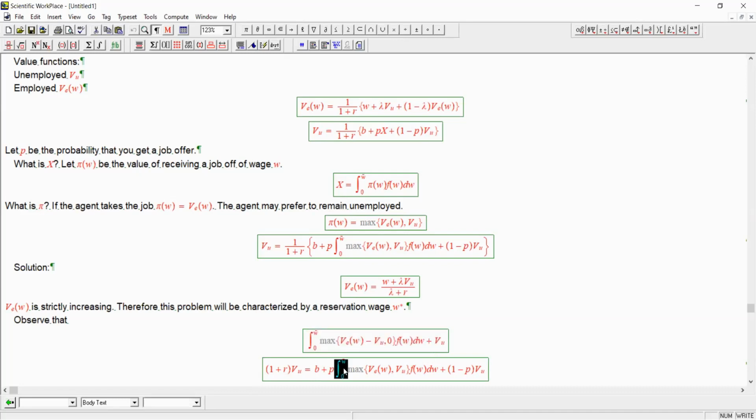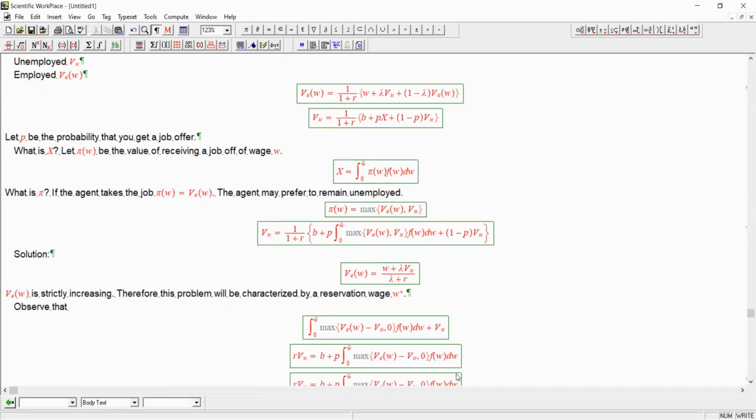It's all multiplied by P, so you're going to get that, which of course translates into this coming out here and being multiplied by P. After which we can simplify by noticing that these two things together just become VU. And of course, this VU cancels with the 1 times VU over here. And now we're left with something simpler.